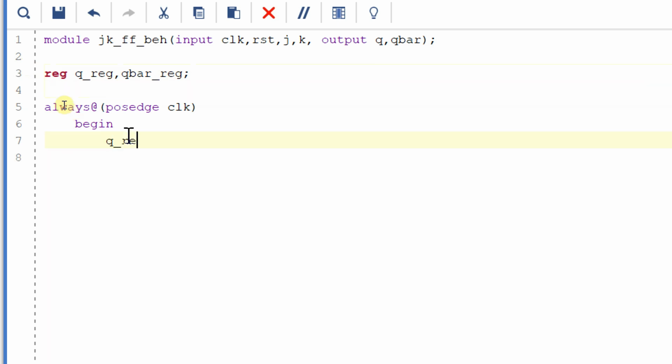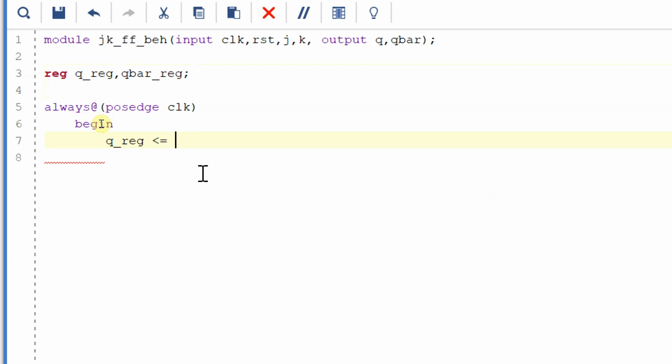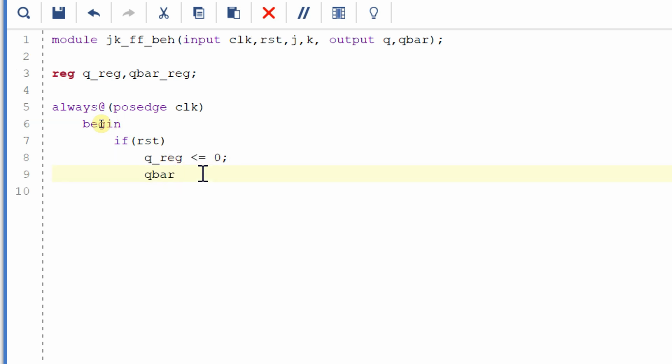So q_reg will be equal to, see, I am using non-blocking assignments. If reset, q_reg will be equal to 0 and q_bar_reg will be equal to 1.